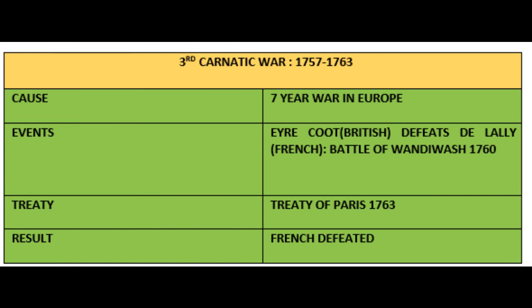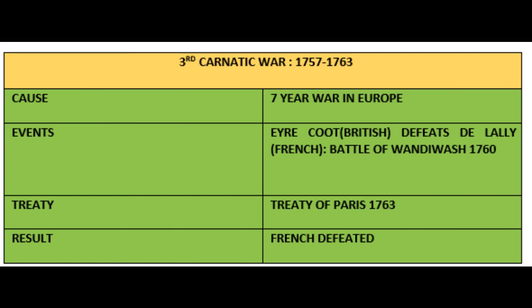The Third Carnatic War, the Seven Years' War in Europe, 1757 to 1763. The Seven Years' War broke out in Europe in 1756 between Britain and France. Eyre Coote of the British Army defeated Count de Lally of the French forces at the decisive Battle of Wandiwash in 1760.